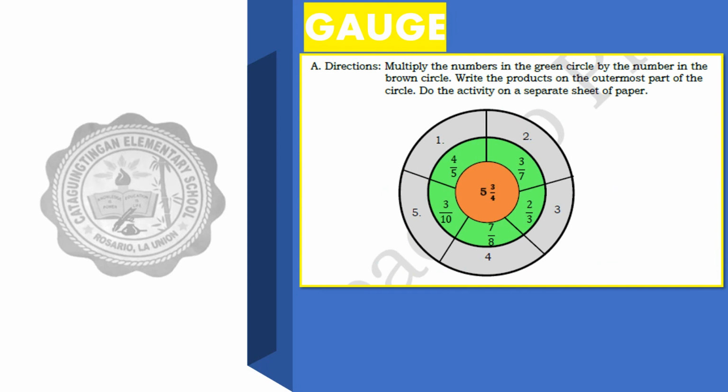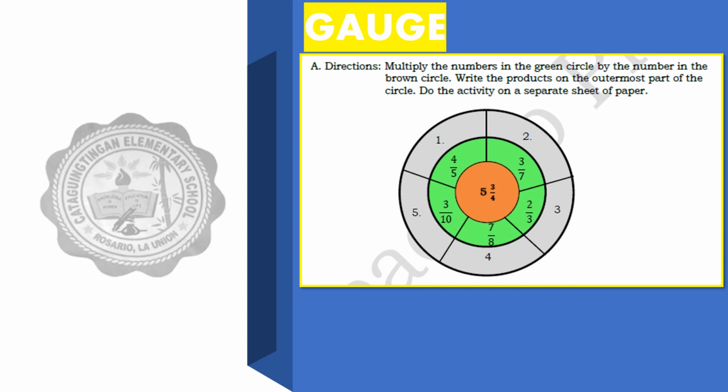Letter A. Multiply the numbers in the green circle by the number in the brown circle. Write the products on the outermost part of the circle on a separate sheet of paper. Sa answer sheet po ninyo, andyan na yung circle. So, ang gagawin nyo lang po, kunwari, sa number 1, 4/5 times 5 and 3/4.